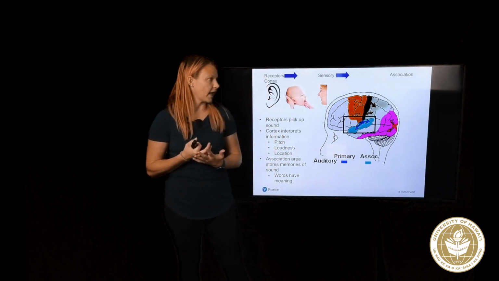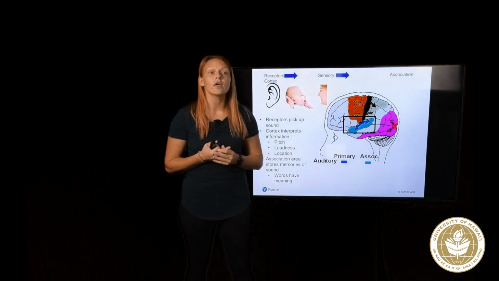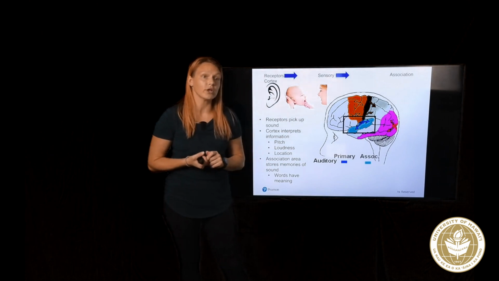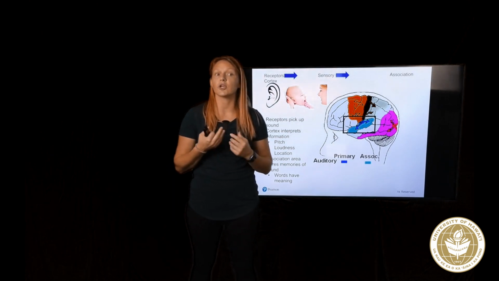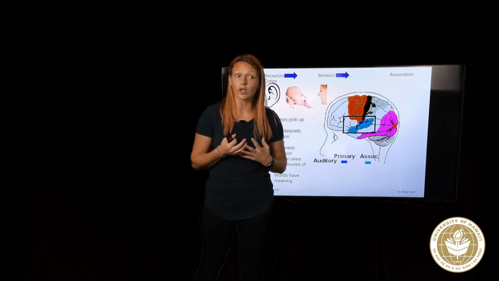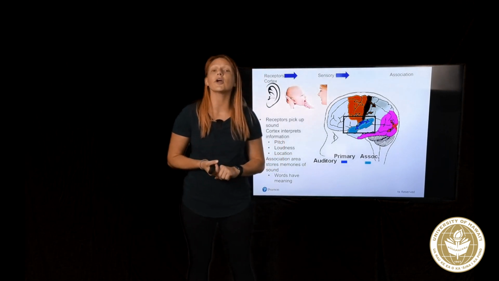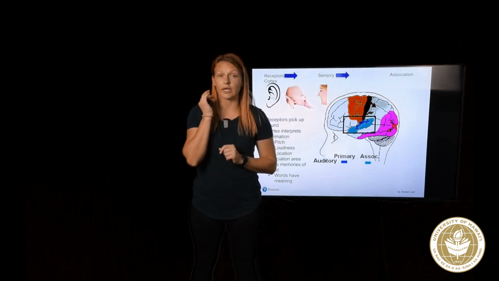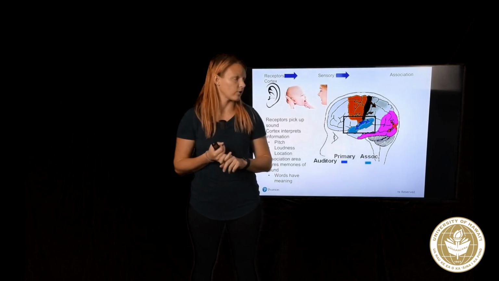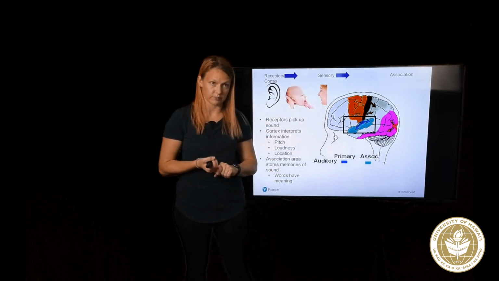So auditory areas, we have the primary auditory cortex. This is the superior margin of the temporal lobes. It's going to interpret information from the inner ear as pitch, loudness, and location.